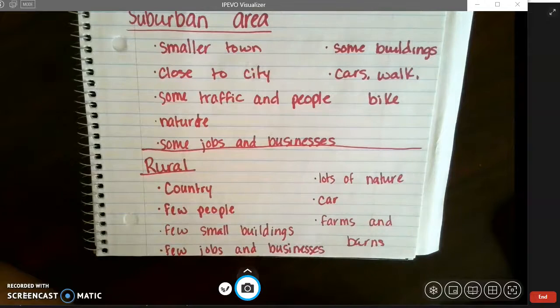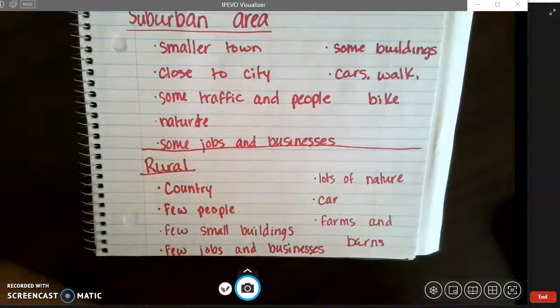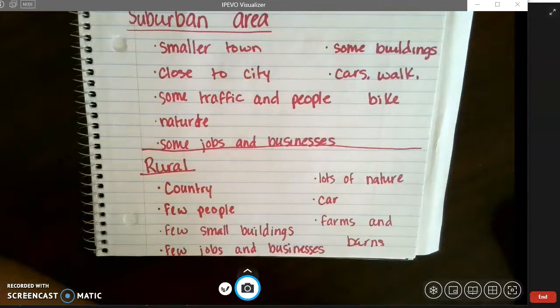Take a look at them, maybe make flashcards so you can say, this is part of this area, this is part of that area. You could practice mixing and sorting them too. This will be something that we pick up next week. We're not going to do social studies tomorrow, so we will continue talking about communities next week.